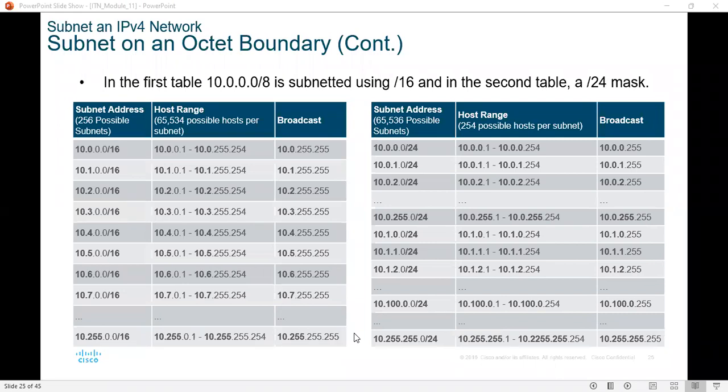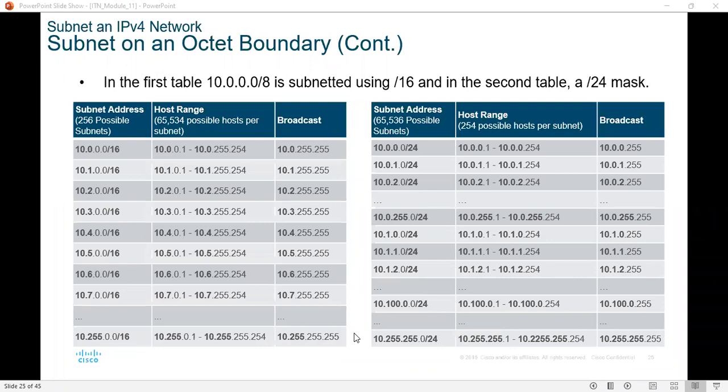Now, if we want to get the number of possible subnets we can get from this, what you will do is, let me try and write it out. So I have 255.255.0.0.